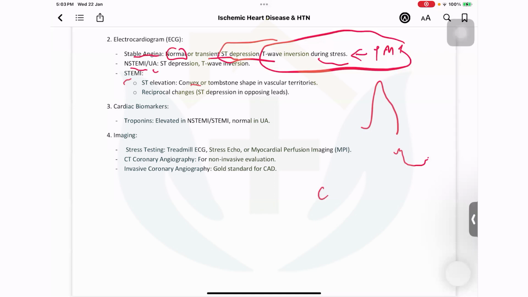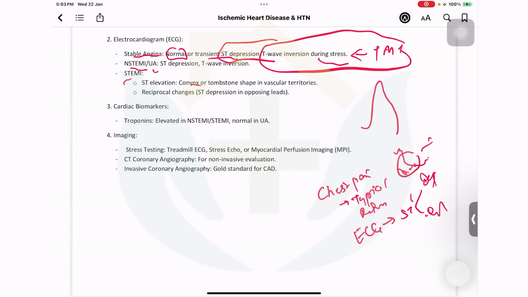Now the patient started with chest pain which was typical, retrosternal, associated with radiation to the jaw or arm, and diaphoresis. We did an ECG. We found ST either depression or elevation, or normal. Normal is stable angina, depression is unstable angina or non-STEMI, and elevation is ST elevation MI.